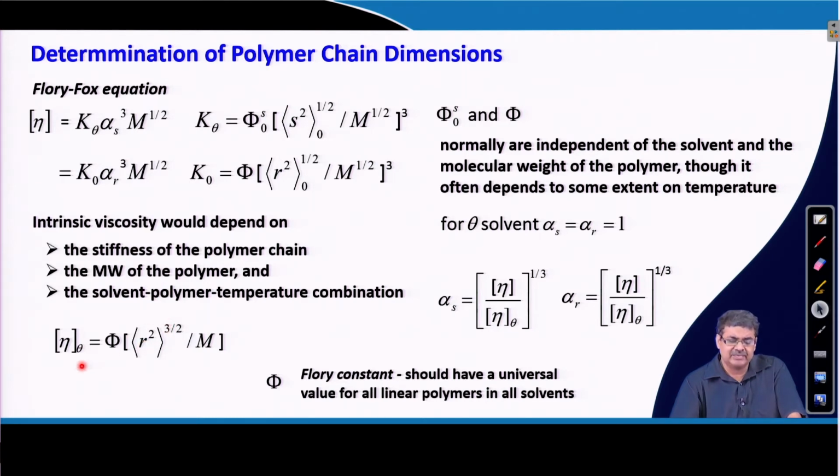So, this is the indirect way: by measuring the intrinsic viscosity of a polymer sample in theta solvent, and from the knowledge of the molecular weight of that particular sample, we can use this expression to estimate the size in terms of RMS end to end distance or radius of gyration.